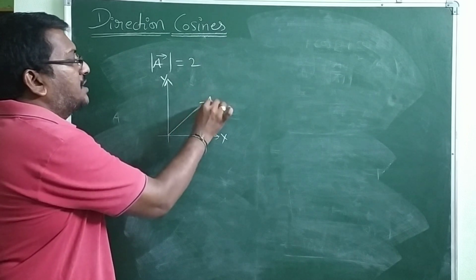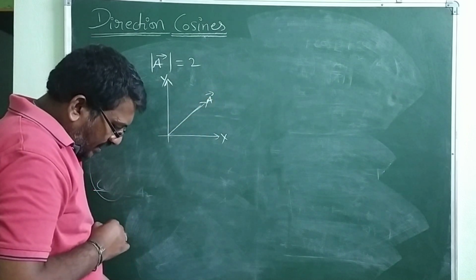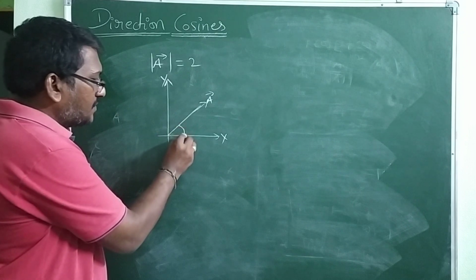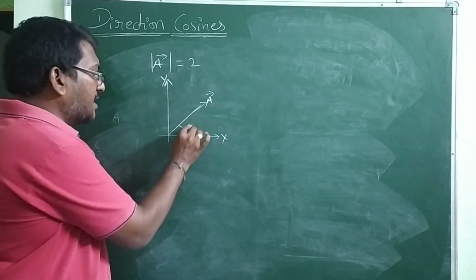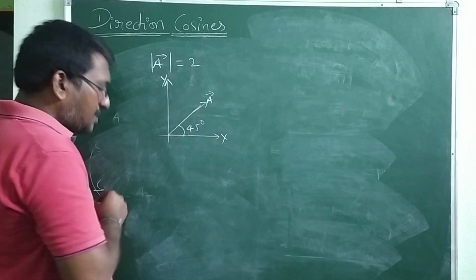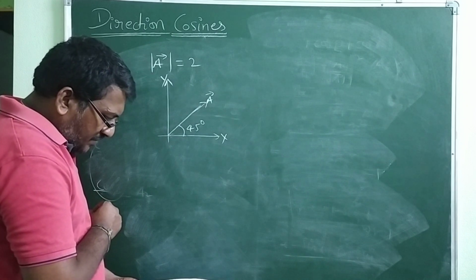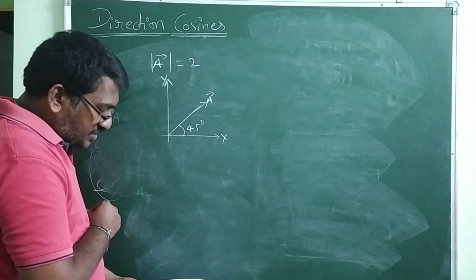I take this as the vector A bar. It makes some angle with the x-axis. What is that angle? 45 degrees. And it makes an angle with the y-axis of 60 degrees.